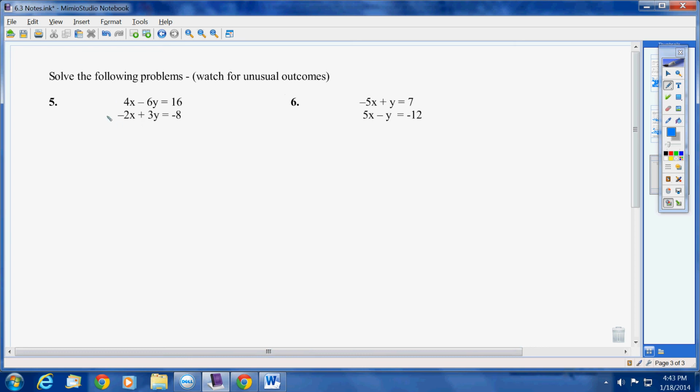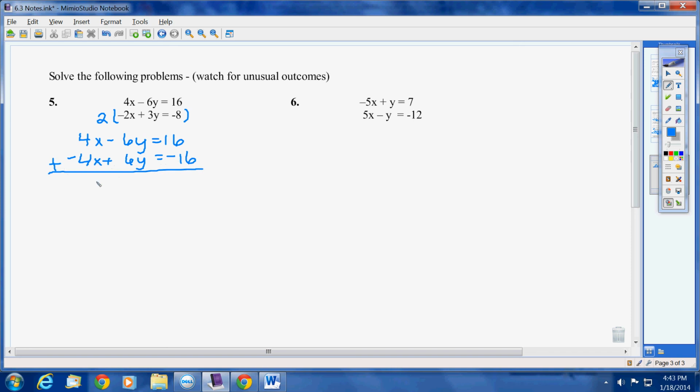Okay, so I'm going to take a look at the first set of variables, and I see I can multiply the bottom equation by 2, and that will help cancel out my variables. So I'm going to rewrite my first one: 4x minus 6y equals 16. And I'm going to multiply the bottom one by 2. So I get negative 4x plus 6y equals negative 16.